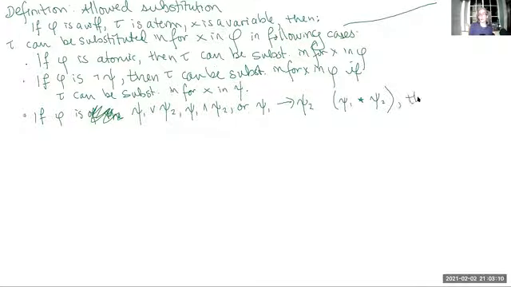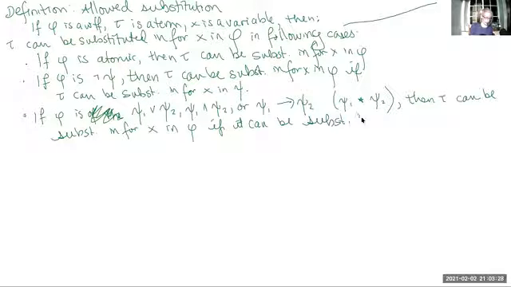So if it's one of these, then tau can be substituted in for x in phi if it can be substituted in for x in both psi1 and psi2. So even in the case of a disjunction, you still need to be allowed to do it in both of them, because you never know which is the disjunct that is actually the one that's making the formula true, if it is true. So this leaves just the quantifiers.